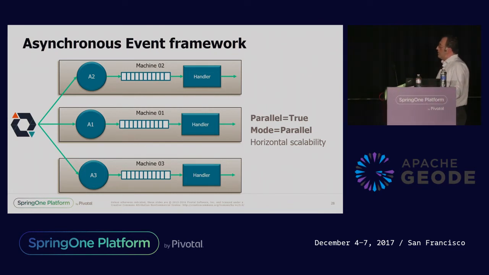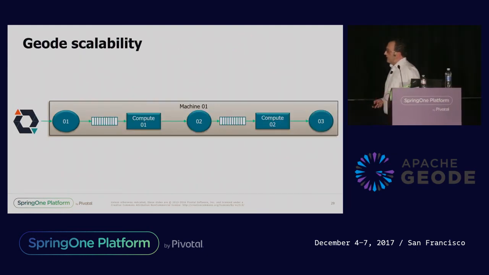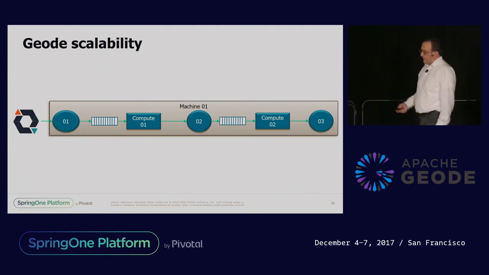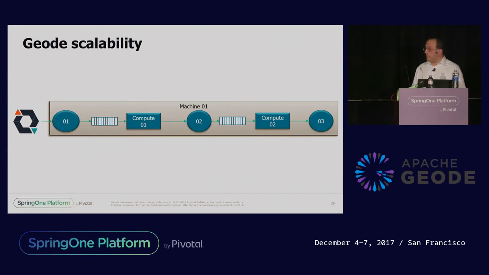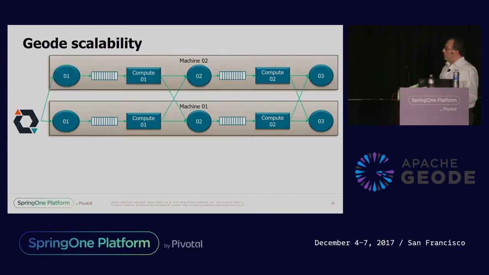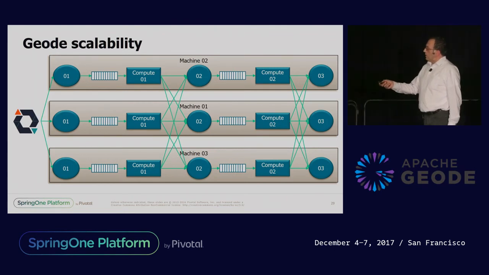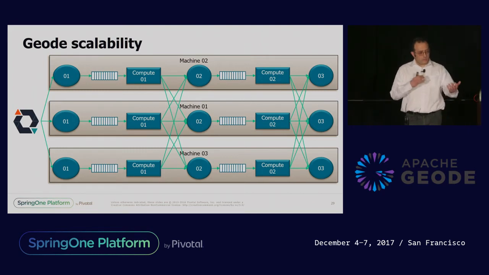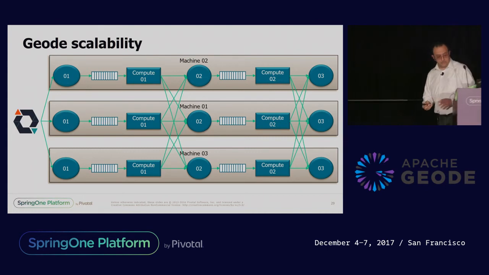So when you have a complete process with a step 1, step 2, and step 3, it is very easy to get scalability by duplicating your machine. This works, of course, only if you have partitioned regions. I will not talk about the difference between partitioned region and replicated region.